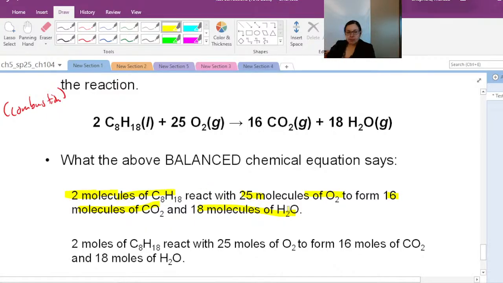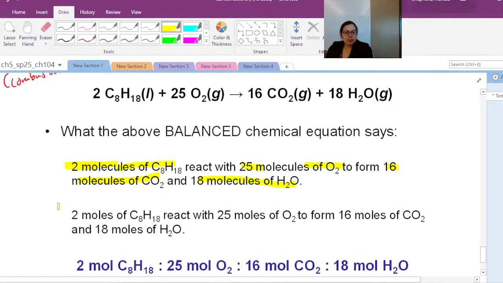But what's also nice is it also translates to the molar amount, and this is usually the unit that chemists work in, moles. And so now we're saying 2 moles of octane reacts with 25 moles of oxygen to form 16 moles of CO2 and 18 moles of water.